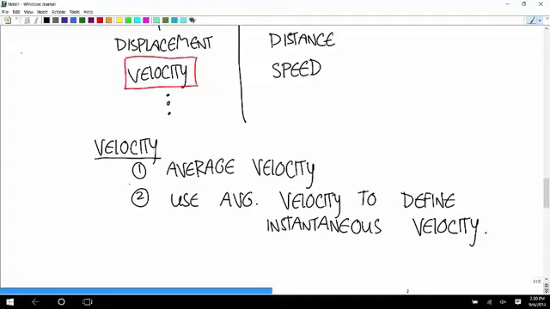And for the most part, instantaneous velocity is the only one of these two that we care about. So the only reason that we're talking about average velocity to start is because to understand instantaneous velocity, you have to first understand average velocity. So this isn't very useful on its own. As we go forward, we're just going to use the word velocity. We're not even going to differentiate between these two because we're always going to be talking about instantaneous velocity.